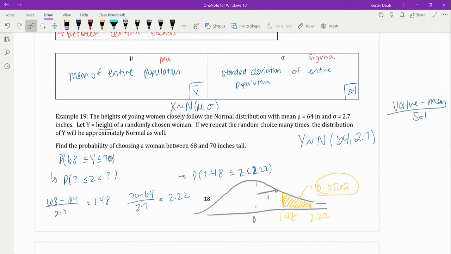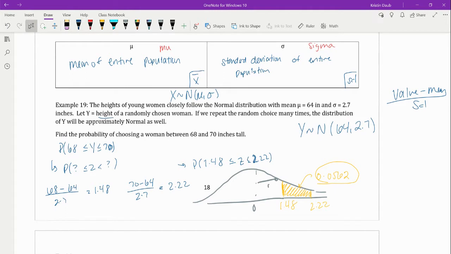Okay, so let's synthesize this. We found a number and that's great and all, but like I said, I like to wrap everything up in stats with a nice little sentence at the end. This is the probability of choosing a woman between 68 and 70 inches tall. So let's use the same wording as in the question, and we'll write a little summary sentence at the bottom.